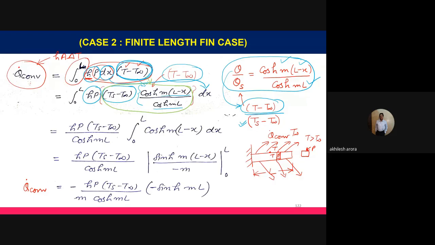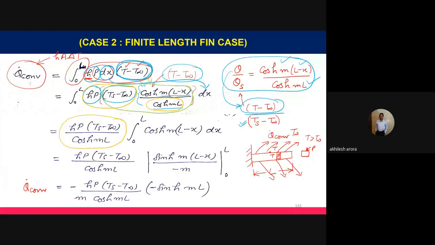Now when we see this integration, there are certain terms which are constant. For example, hP times (Ts minus T infinity) and cosh(mL) are constant terms, so these can be taken out of the integration sign.